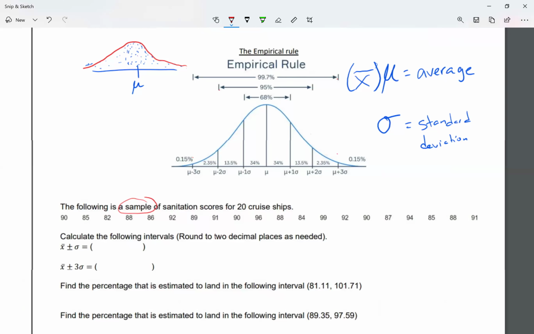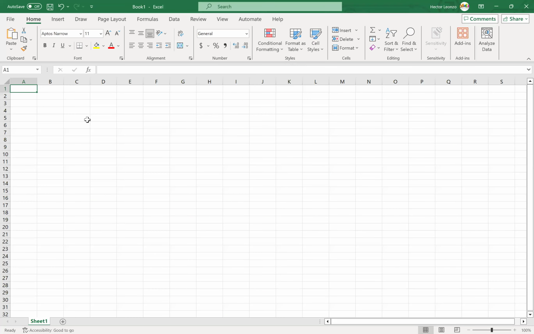Okay, so first of all, one thing I'm going to be doing is finding our average and our standard deviation. Those things I need. Okay, so let me use Excel. I'm going to use the 20 numbers that they gave us on the list.